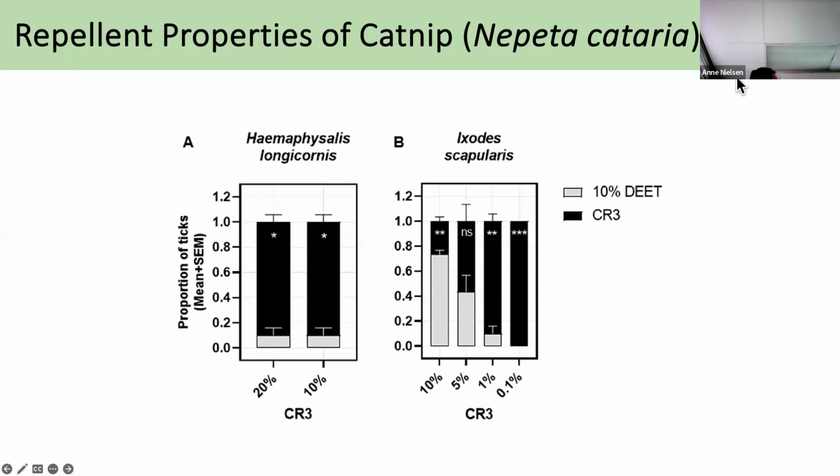When we started lowering the concentration of CR3, we saw that ticks were then repelled by DEET. When we used 5%, we didn't find significant differences in repellency between DEET and CR3. With 1%, DEET clearly did repel much better, and with 0.1% it's as if we didn't have anything in there; it was all DEET.